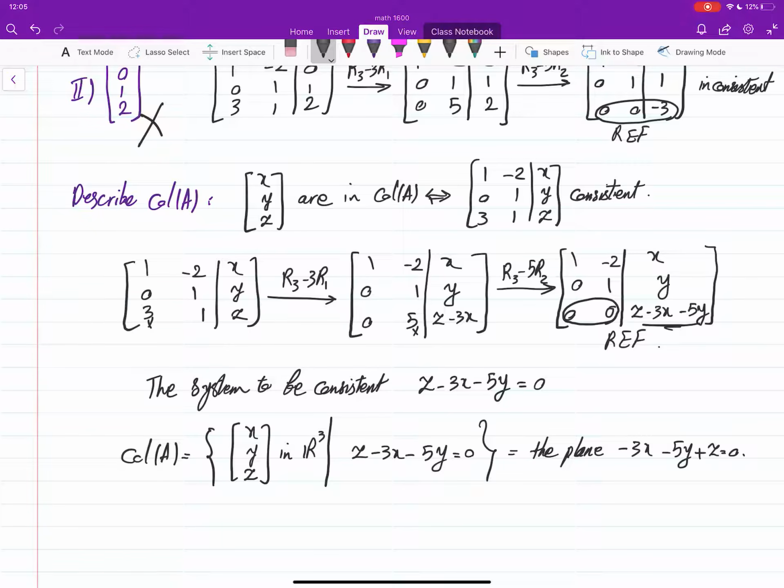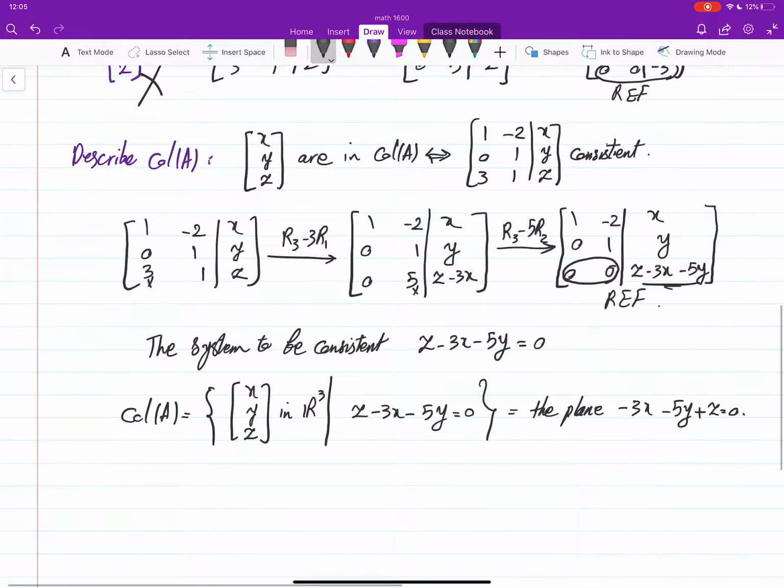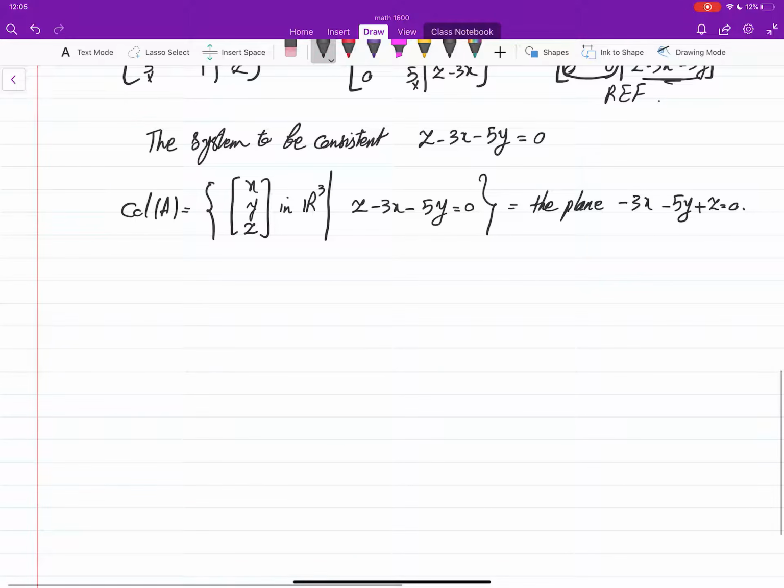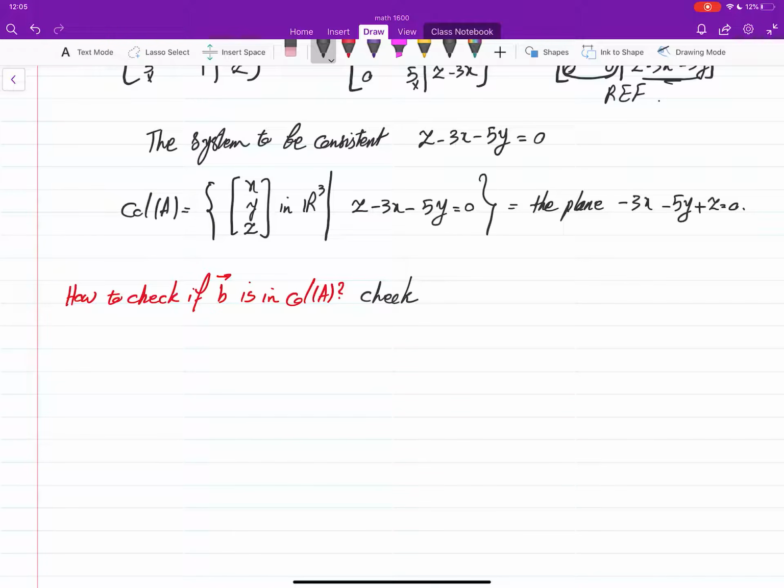Well, you can do all these works. Let me just finish the video by wrapping up how to check if a vector B is in a column space of A. Well, this is what we saw: check if the augmented matrix A, B is consistent, or the system related to this augmented matrix is consistent.